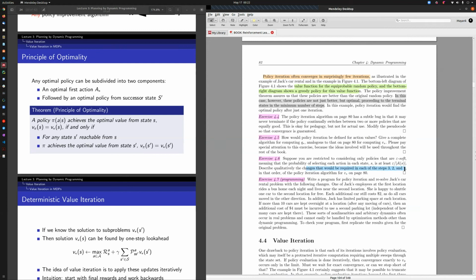Steps 3, 2, 1. Here they are referring to the changes qualitatively. Other than changing it, I think they also want it in an iterative fashion too. I don't know.